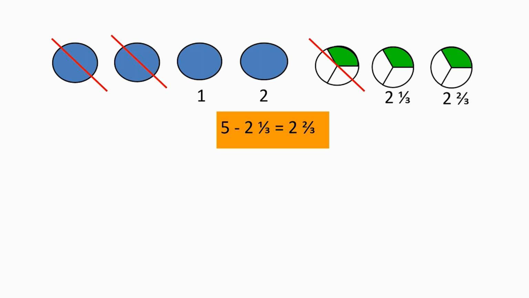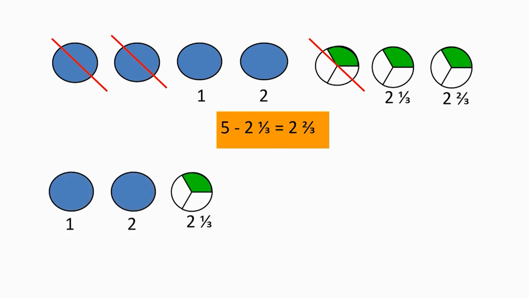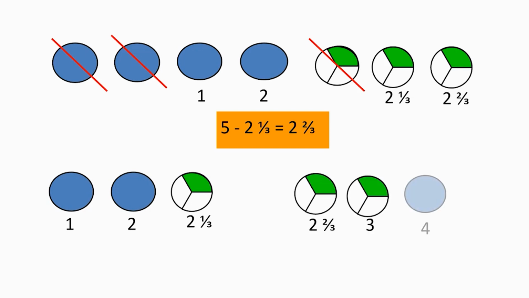What's another strategy? Maybe you started with what we could see, 2 and 1/3, and then counted up until you got to the total of 5 whole circles. Once we got to 5, we'd need to figure out how many we added.